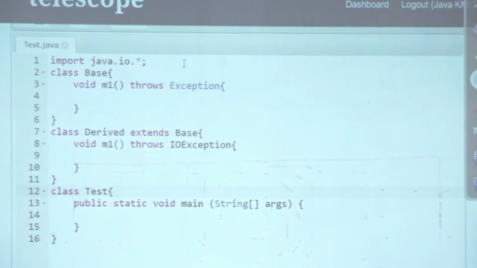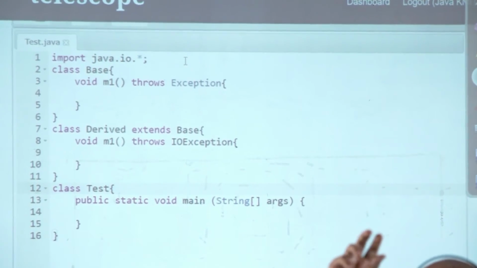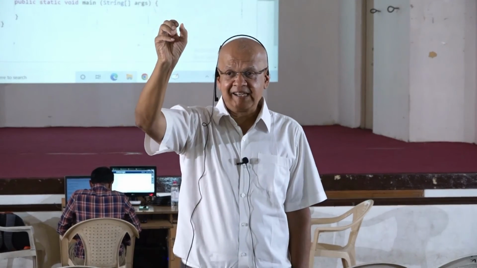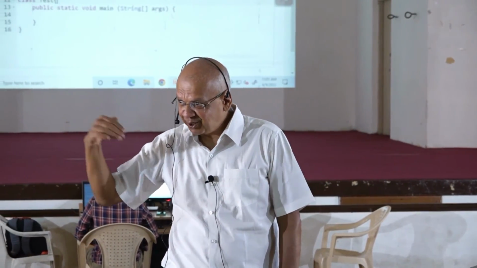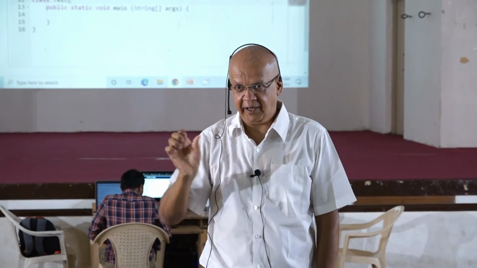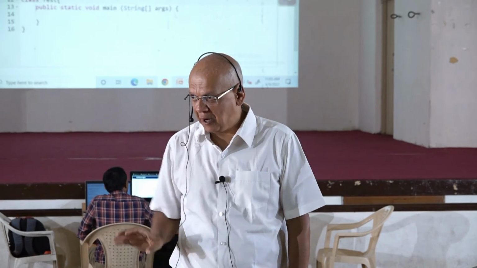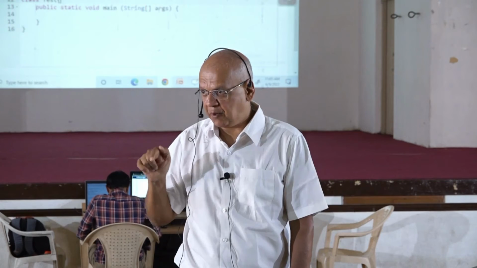No, yes. So what is the moral of the story? I am going to say this in a nutshell, what you just saw. Base class method does not throw an exception. Derived class method throws an exception. This is an overriding. Then, if that exception is a runtime exception, no problem. But if it is anything which is not runtime exception, problem.